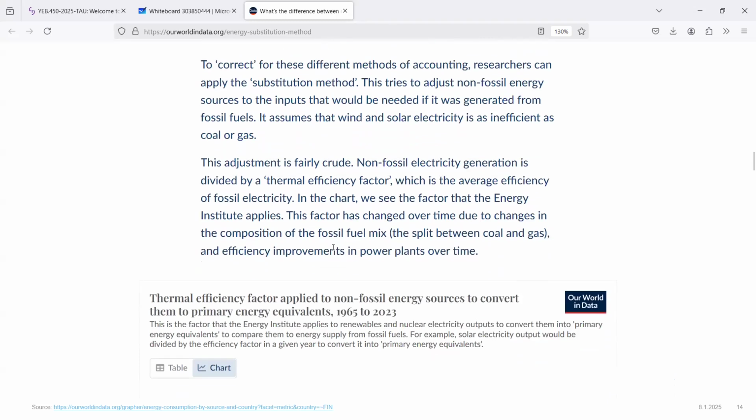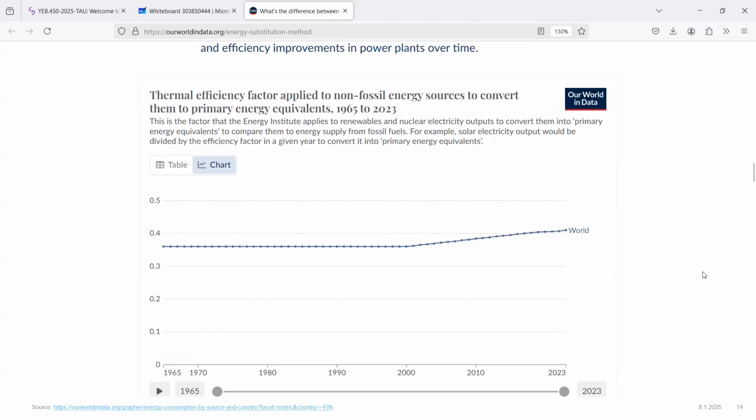But the substitution method means that when you have non-fossil electricity generation, so for example, wind or solar, it means that in these charts that I'm showing you, they are processed with this substitution method.